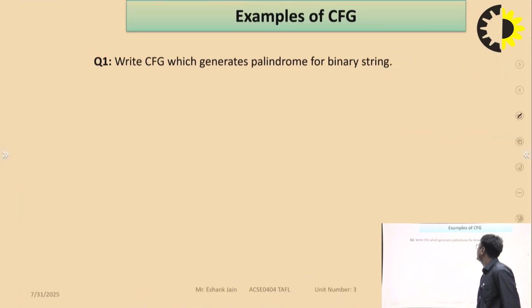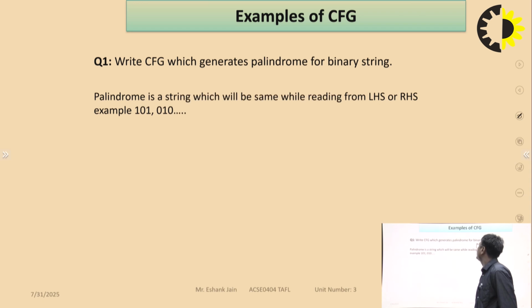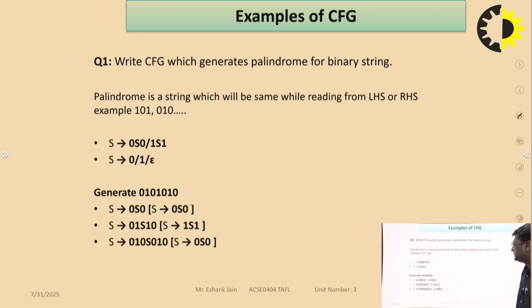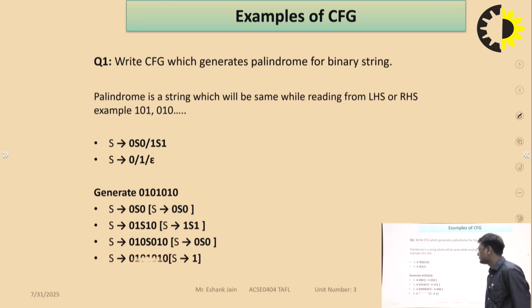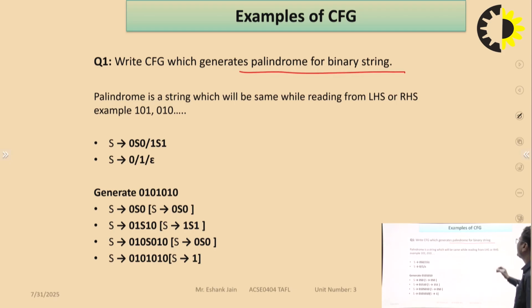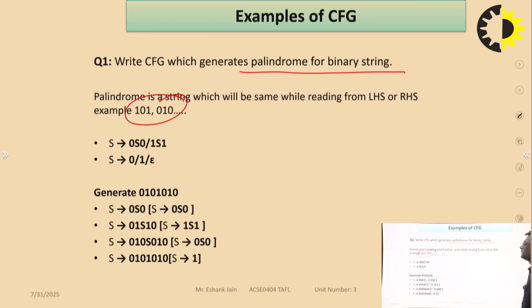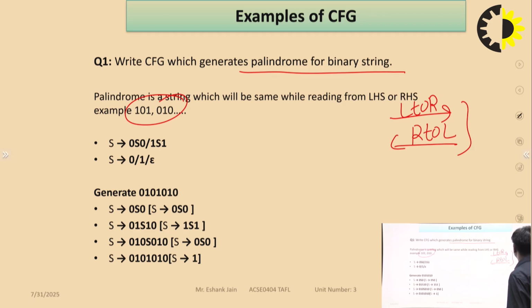Now we take another example of a CFG which generates palindromes for binary strings. Palindrome means we can read the string from left to right and right to left, and both are the same.